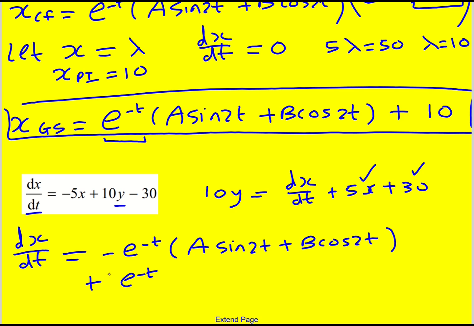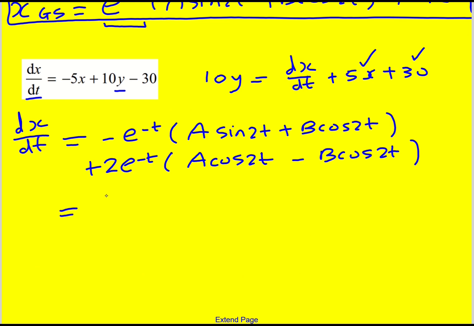I'm going to bring a 2 down, so I'm actually going to factorize that 2 out, and then I will get 2a cos 2t minus 2b cos 2t. And then I want to combine this. I've got the e to the minus t here. Do you know what? I kind of regret it. I should have just kept the 2s inside.